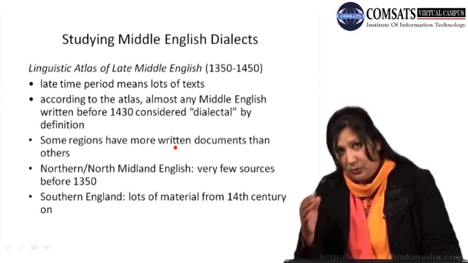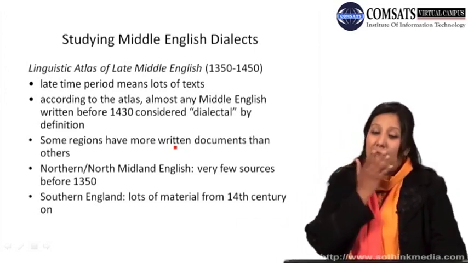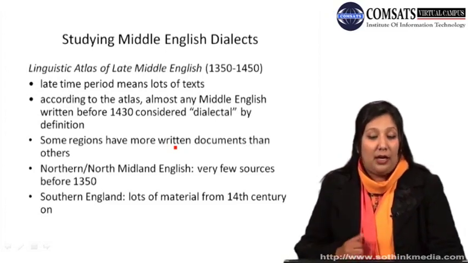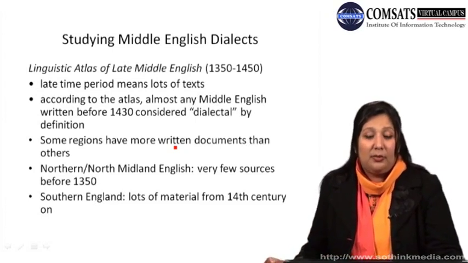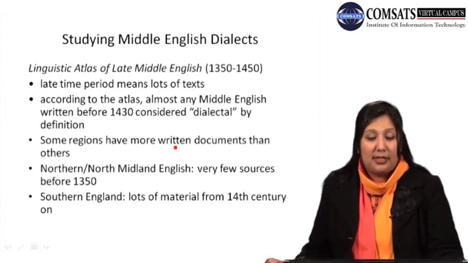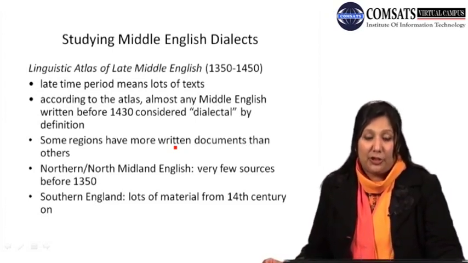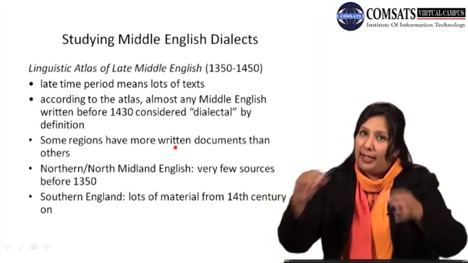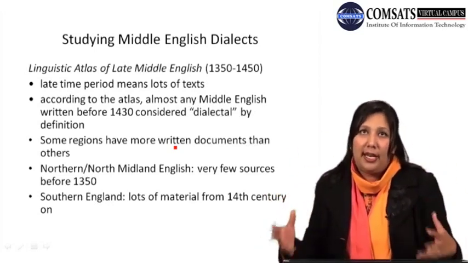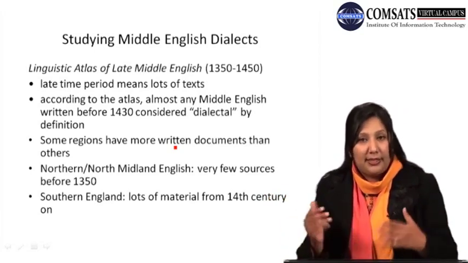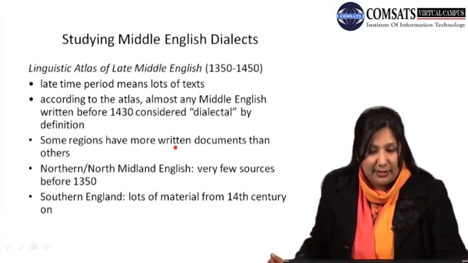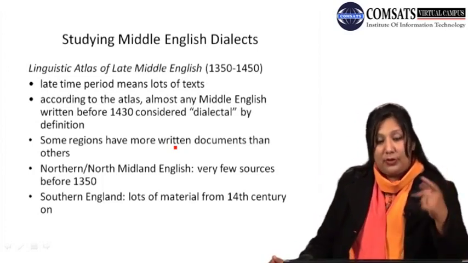A new aspect to this is that almost anything written in Middle English before 1430 is considered dialectal by definition. Anything that was written, not necessarily the spoken material, was regarded as dialectal before 1430.